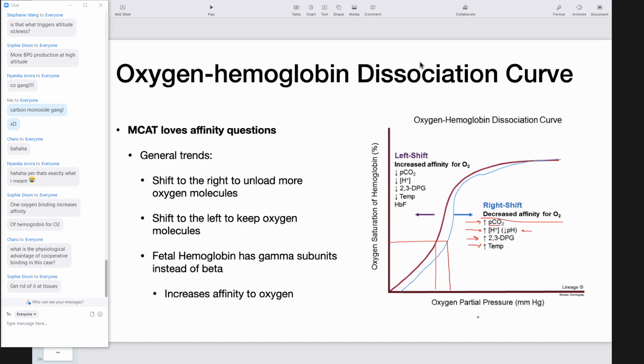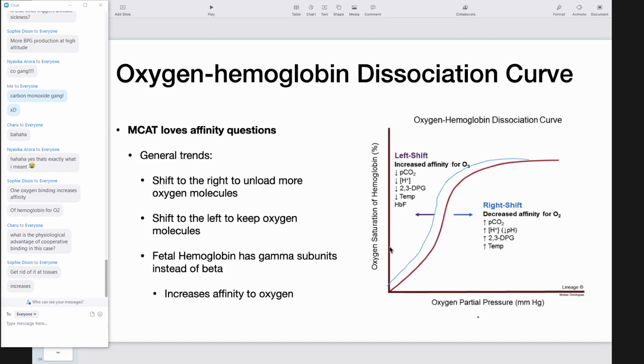So let's have a left shift now. If we have a left shift, what does that tell us about the affinity? If we draw those lines again, this is how I interpret affinity curves.